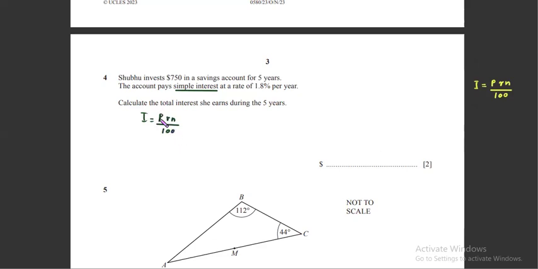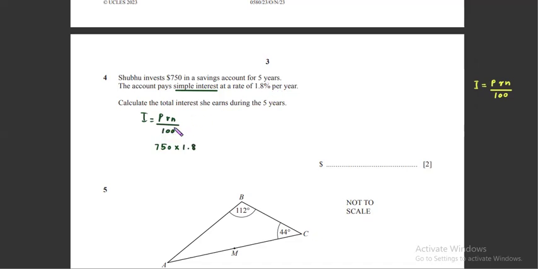So we are going to make use of this formula here. P stands for the principal amount, that is the amount she invested, which is $750. So $750 times the rate, which is 1.8%. The reason why we have 100 in the denominator is because percentages are always calculated out of 100.